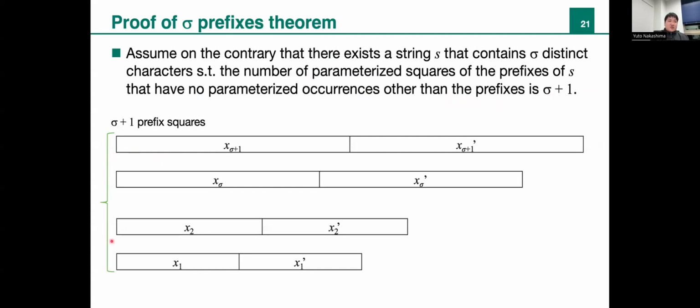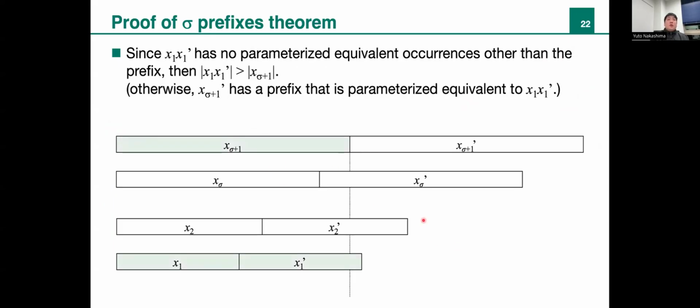So we assume there are sigma plus one prefix parameterized squares like this. We focus on the parameterized squares x1 x1' and x sigma plus 1.